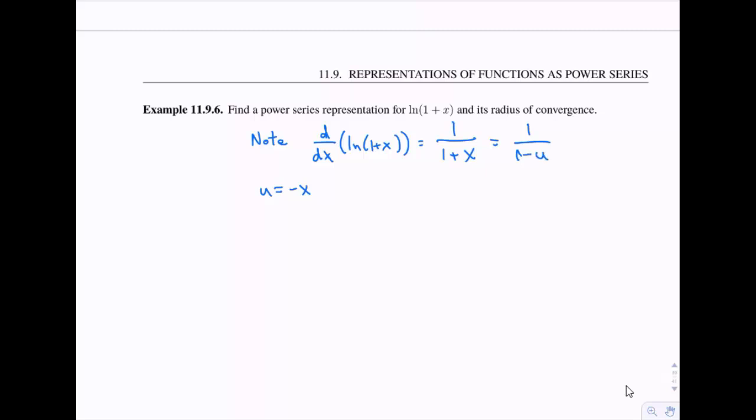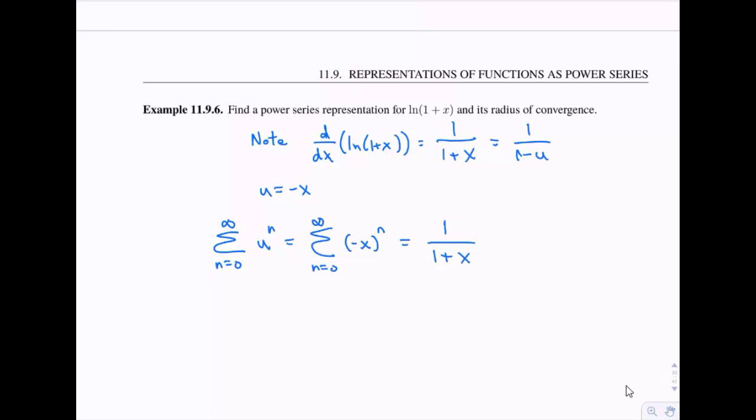All right, there we are. So then the sum from n equals 0 to infinity of u to the n, aka the sum from n equals 0 of negative x to the n, is equal to 1 over 1 plus x.